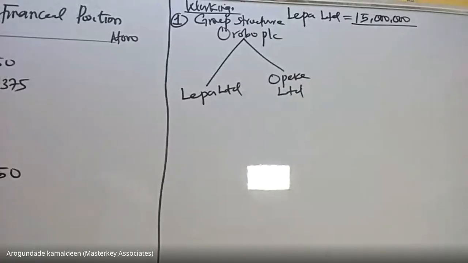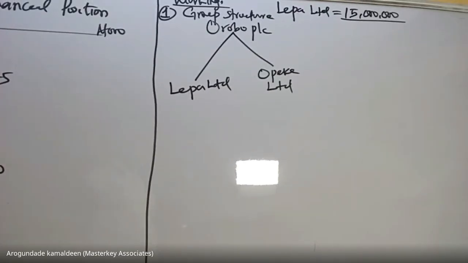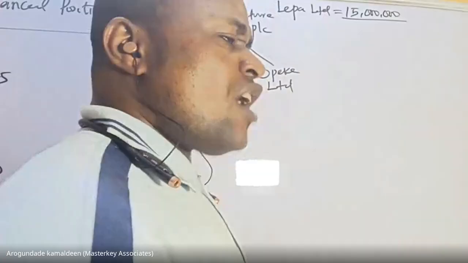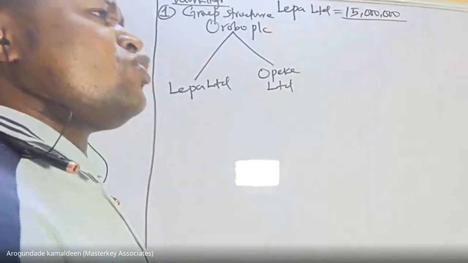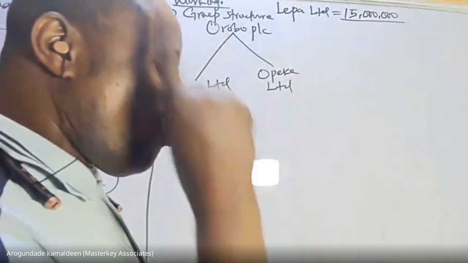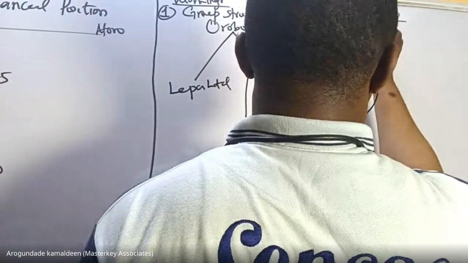What is the total number of shares of the subsidiary? It's 25 million. Go to the balance sheet. What you have there is in value, so you convert value to units. Divide 25 million naira by 1 naira each, and there you have 25 million. We have discussed this at length.